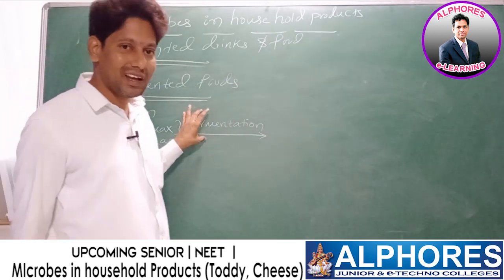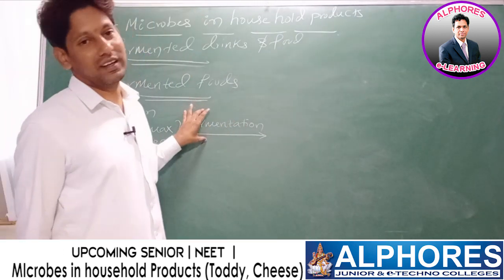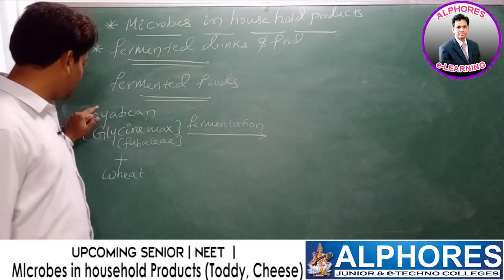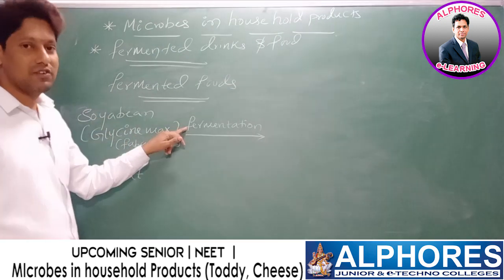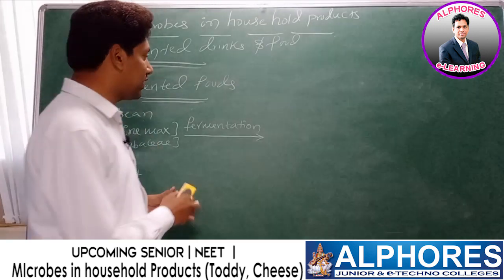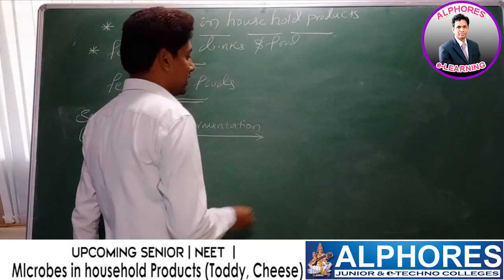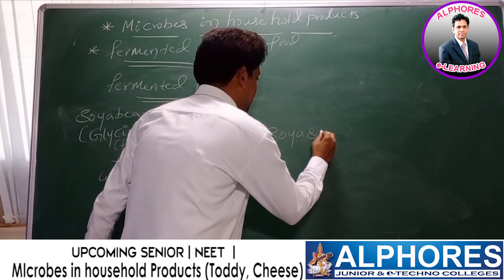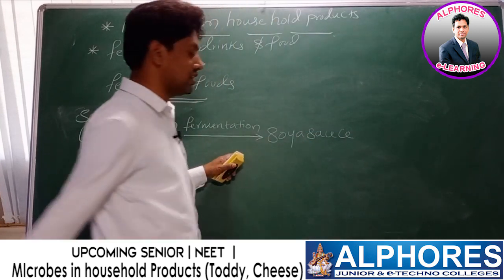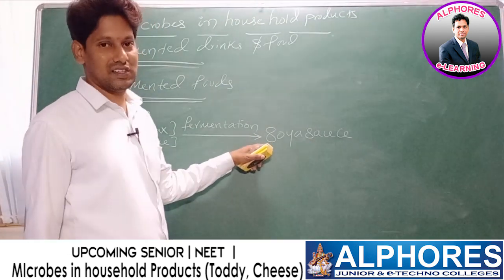Fermentation means aerobic or anaerobic respiration? Anaerobic respiration. Therefore, soya bean and wheat undergo the fermentation process. On fermentation, we are going to get soya sauce. I think most of the students know about this soya sauce.